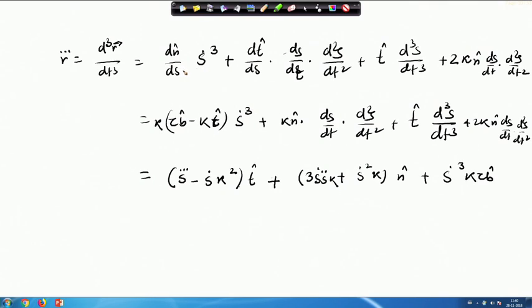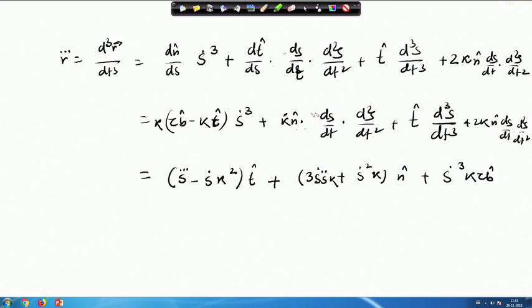So we have t times s triple dot, and then kappa n times s dot d square s by dt square, and then I have kappa times minus of kappa tau b s dot cube, and then kappa dot n s dot. So I have this thing. So how many terms would I get?